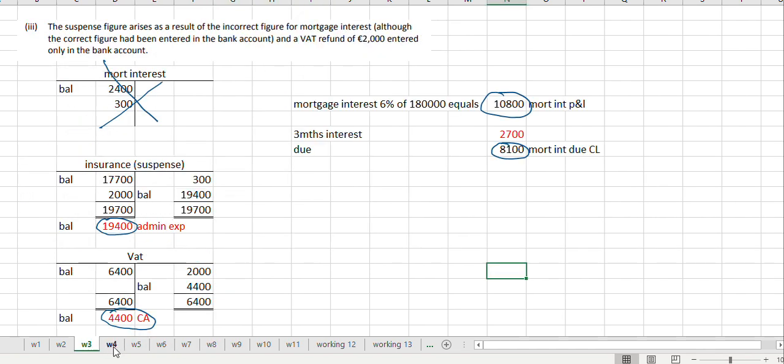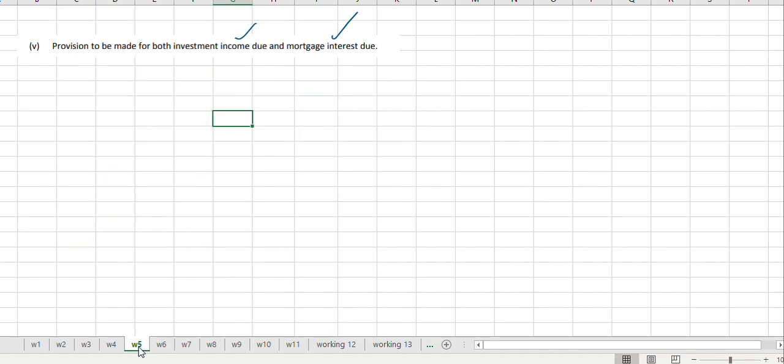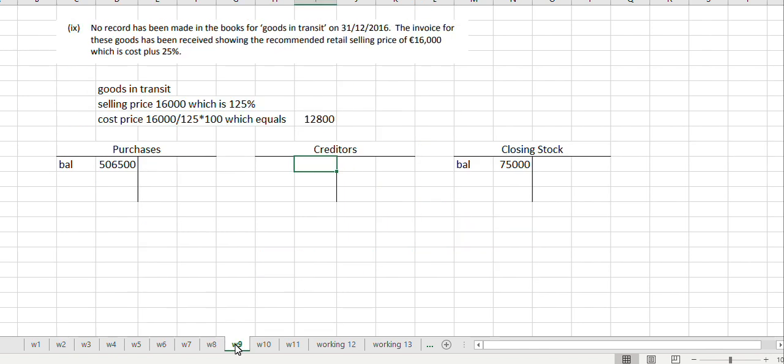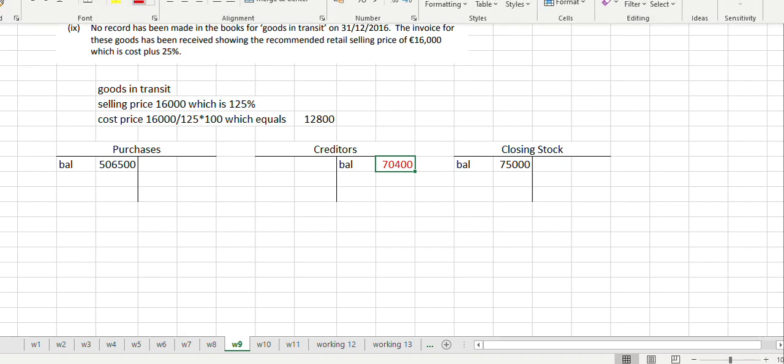Note 6, 70,400 was our creditors figure that we changed. I won't make that red so we don't get confused.